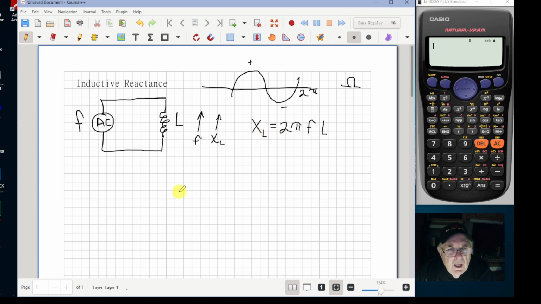All right, let's do a calculation. Let's say we have a coil that's rated at 82 millihenries, and our frequency is 2.65 megahertz.